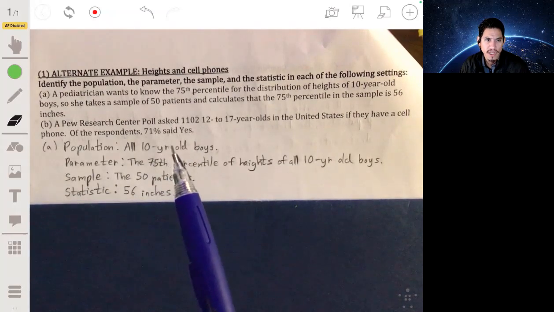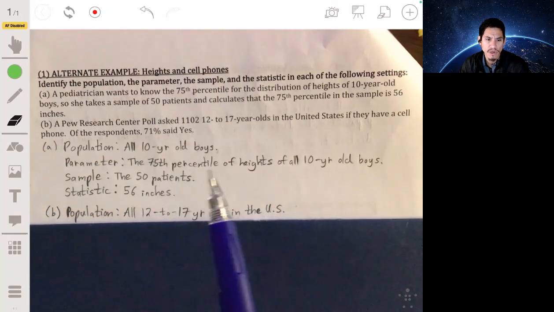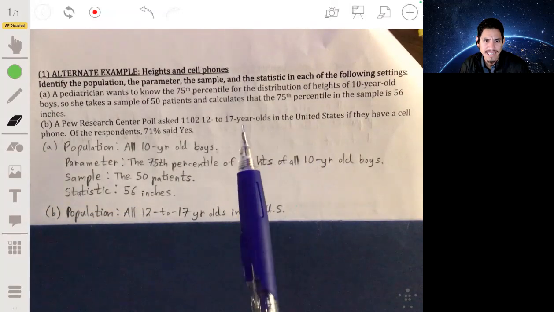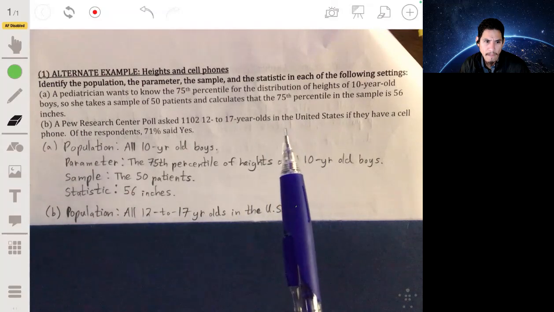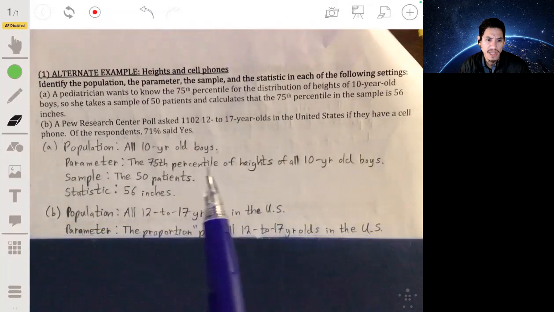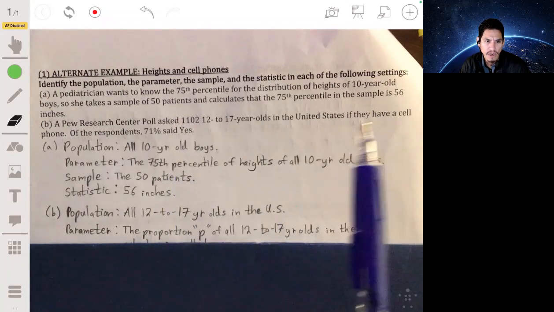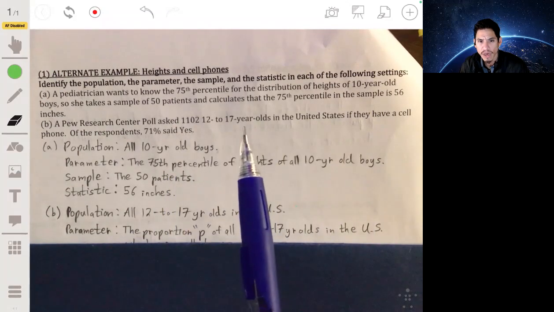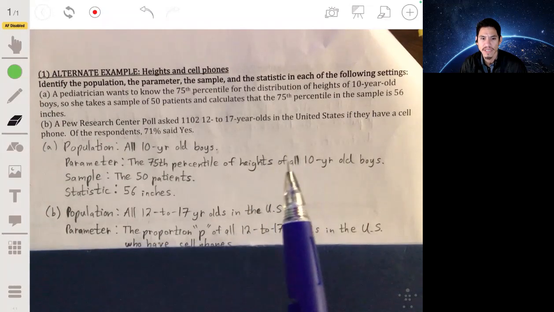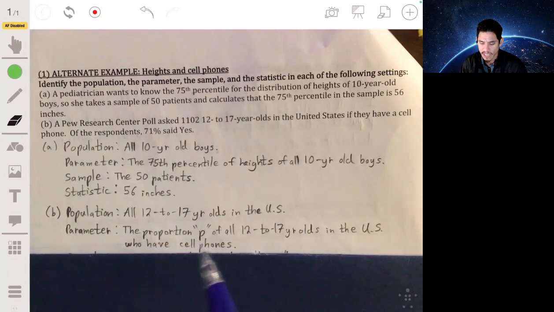For this one, the population would be all the 12 to 17-year-olds in the United States. The parameter would be the proportion p of all the 12 to 17-year-olds in the US that have cell phones. Again, we use p for population proportion.